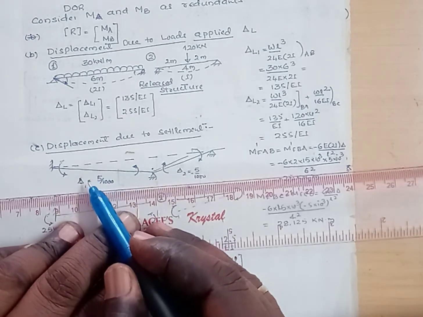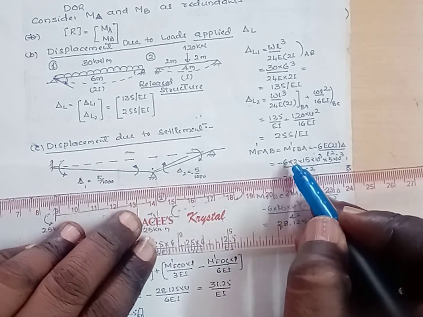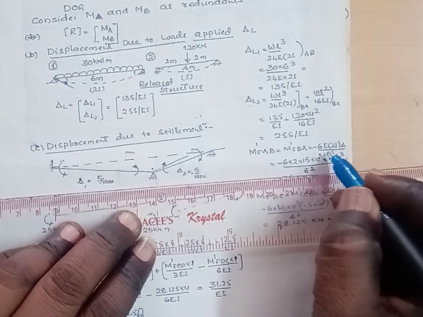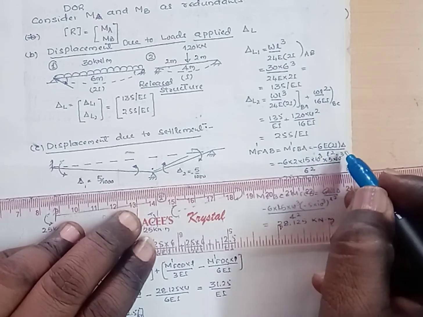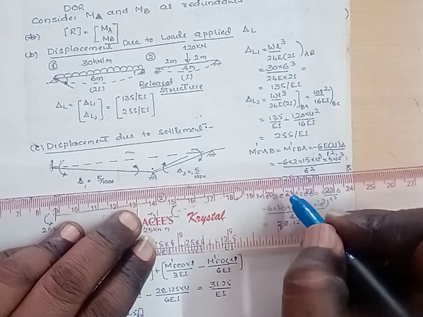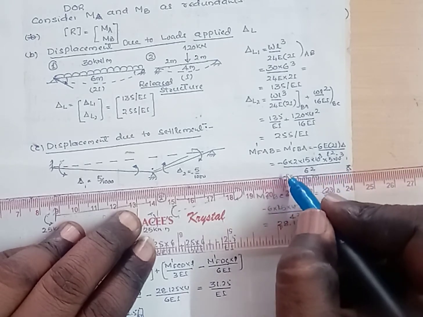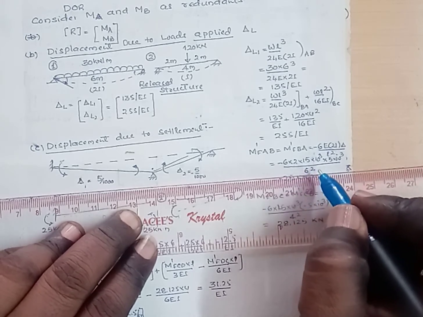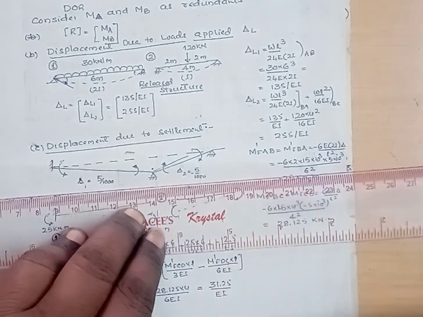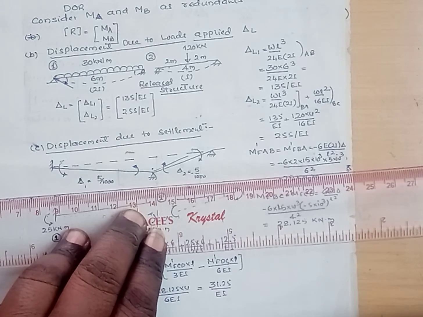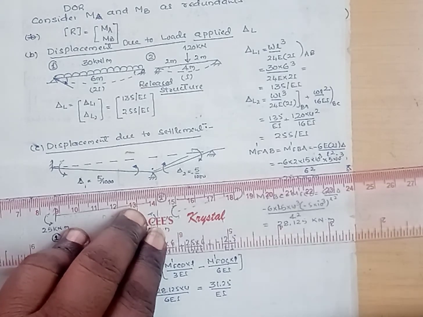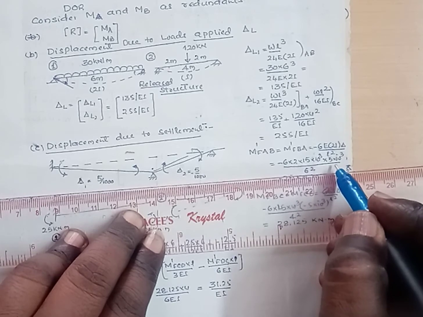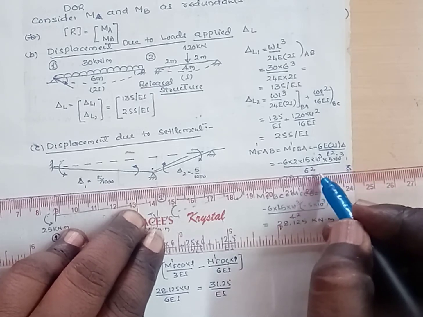Then M dash F AB equals M dash F BA, by substituting the values: minus 6E into moment of inertia 2I into delta 1 divided by L square, that equals minus 6 into 2 into 15 into 10 to the power of 3 into delta, that is plus 5 into 10 to the power of minus 3, divided by 6 square.